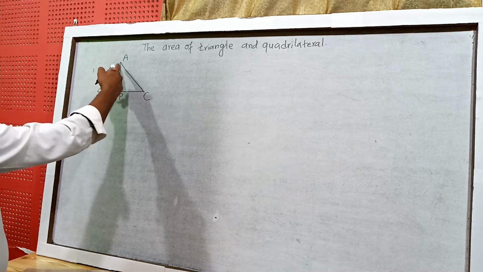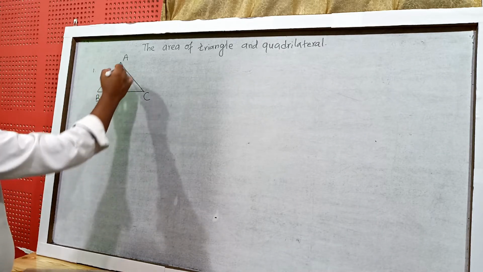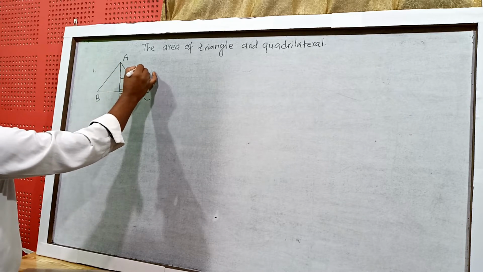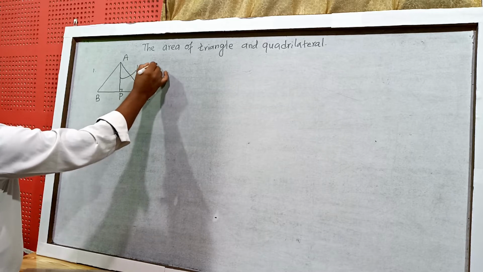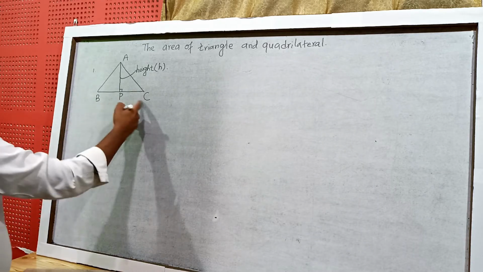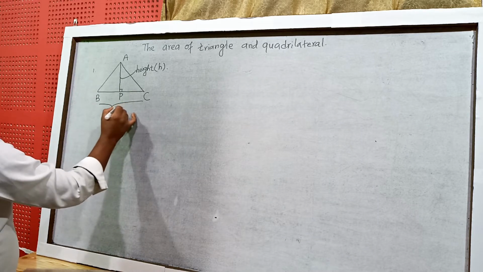Then this AP line is called the height of this triangle. It is denoted by H. It is the height of triangle ABC and BC is the base.